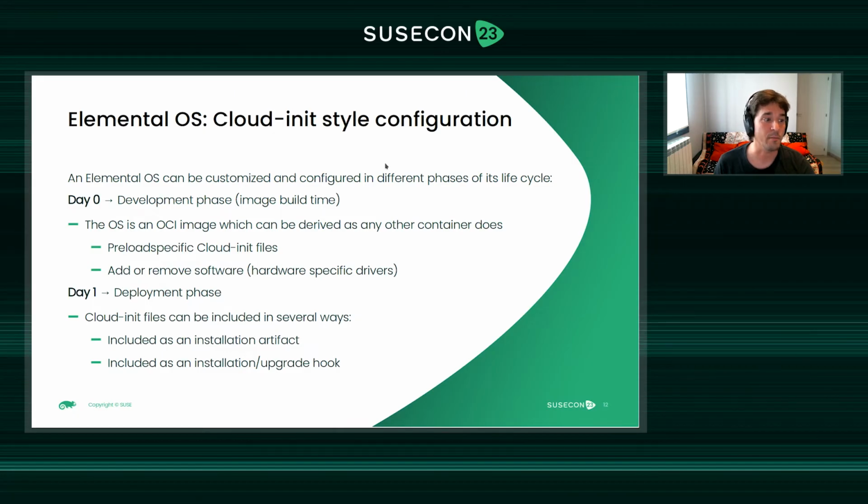As we already mentioned, the Elemental OS is just an OCI image, so we can easily make a derived image out of an Elemental OS container. We can simply create a Dockerfile that starts from an Elemental OS container, and in that Dockerfile just preload cloud-init files or add or remove some specific software.